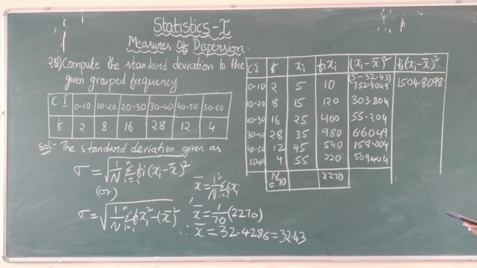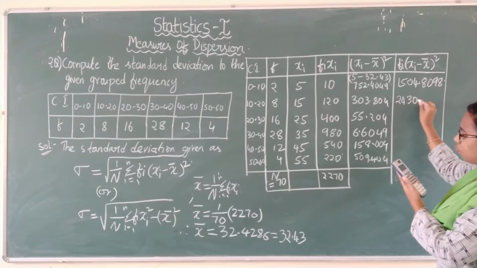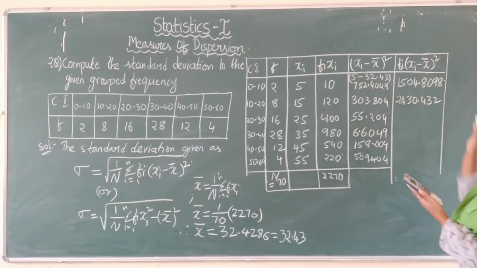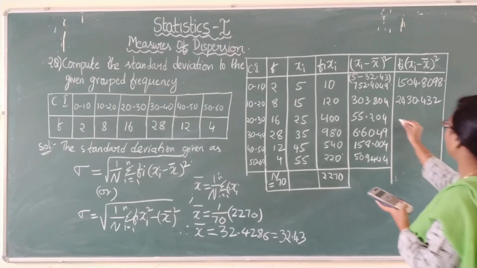8 into 303.804 you'll be getting as 2430.432. Next frequency is 16. So 16 into 55.204 is equals to 883.264.